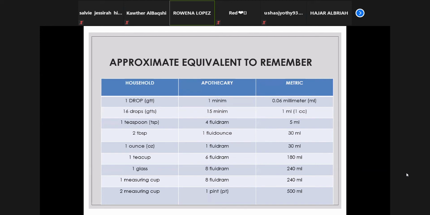1 teacup: especially for those patients who are taking tea or coffee, Arabic coffee or the tea, you can ask the patient, how many teacups did you drink today?